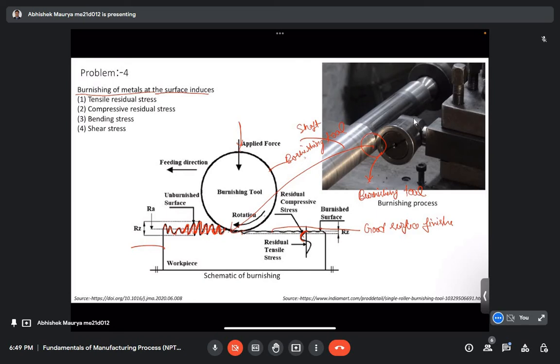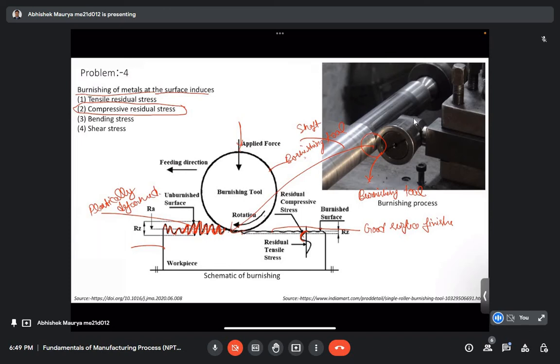So the correct answer for this problem is compressive residual stress, and these asperities are plastically deformed. Okay, so the correct answer is compressive residual stress.